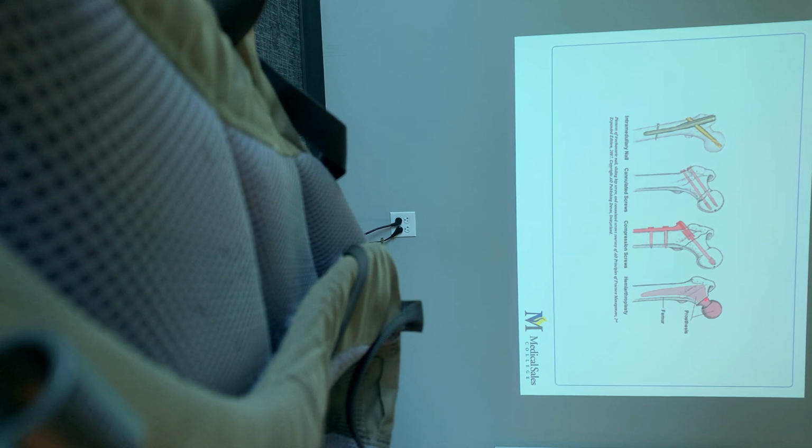If it's displaced, cut it out, put in a bipolar stem, and have the bipolar articulate against the acetabulum that has still healthy cartilage. If it's an intertroch fracture, it's the hip compression screw that you used, or the trochanteric nail, right?